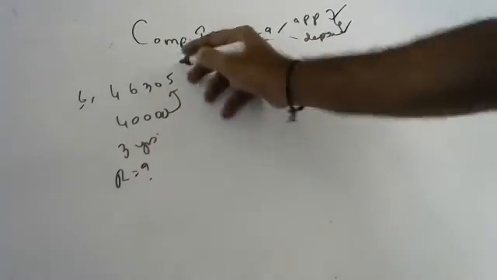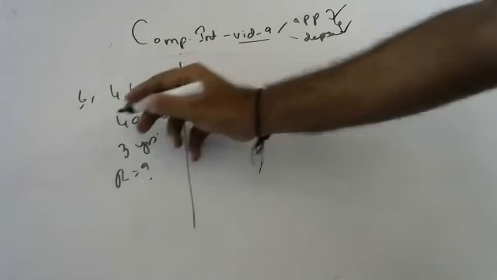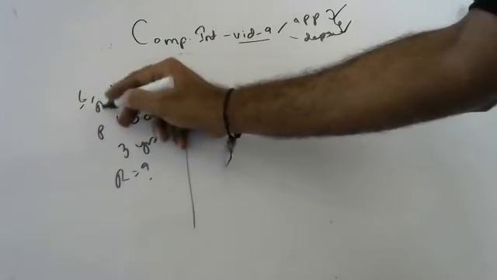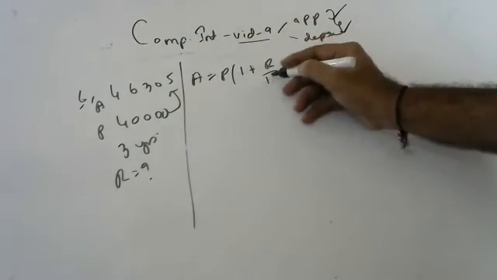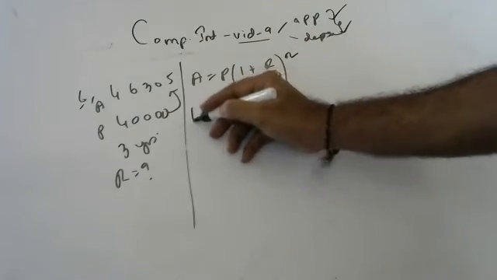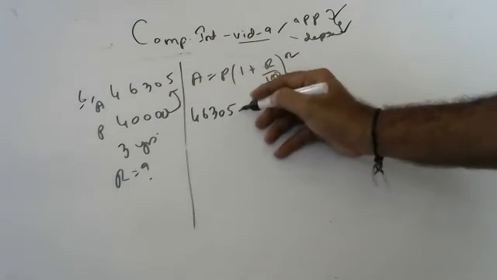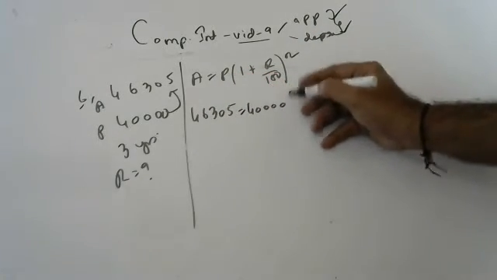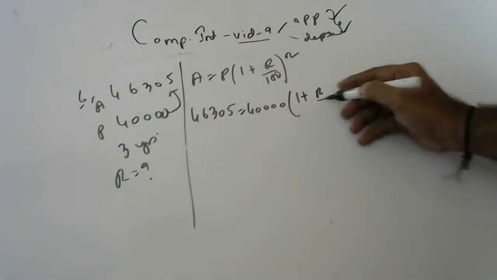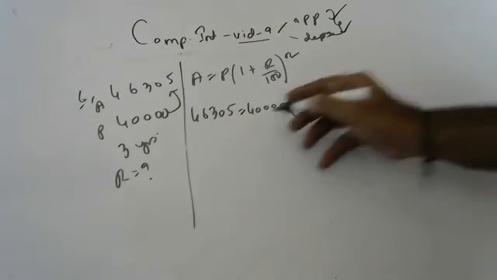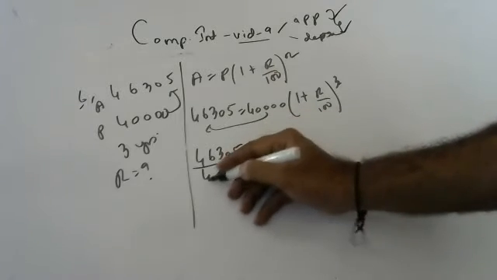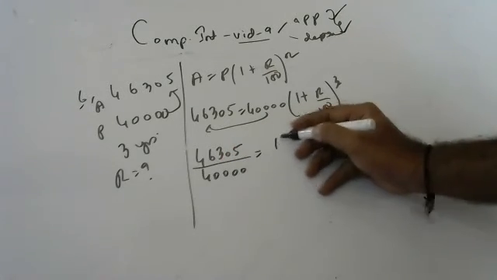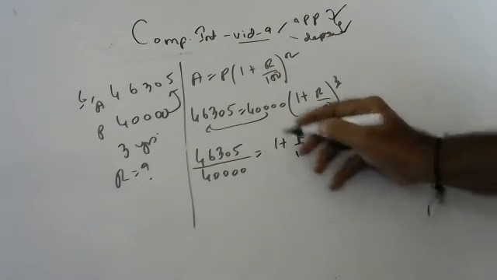This is the principal, and this is the amount. Amount is equal to P into 1 plus R by 100 whole to the power n. So 46,305 is equal to 40,000 into 1 plus R by 100 whole to the power 3. So 46,305 by 40,000 is equal to 1 plus R by 100 whole to the power 3.